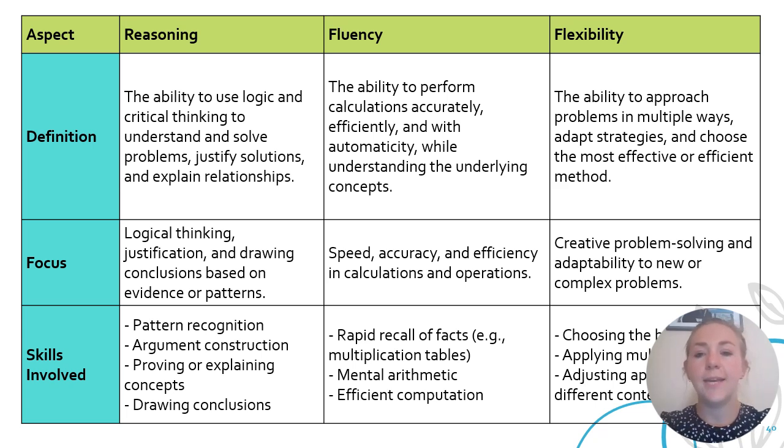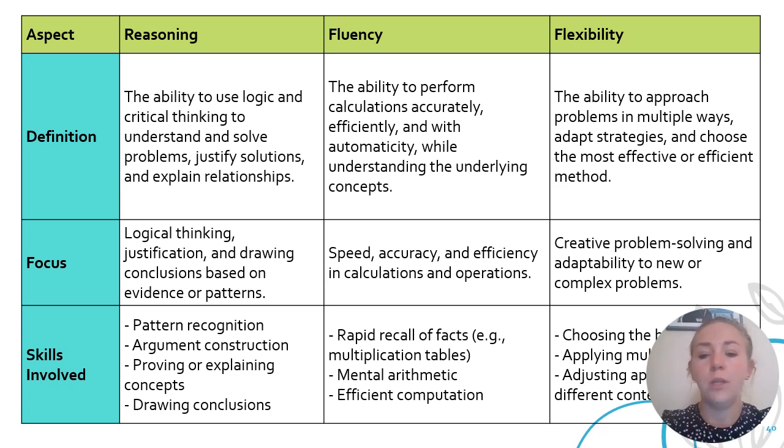So in this table, I just compared the three key areas that we are going to focus on so that you can see an overview of the definitions, what we focus on within each area, and then what skills are involved.